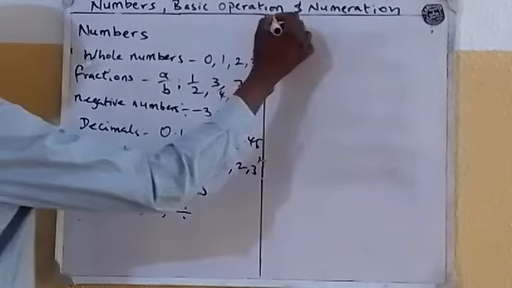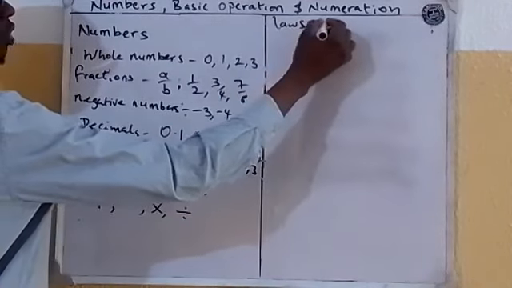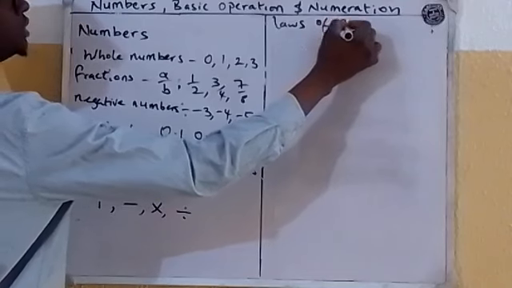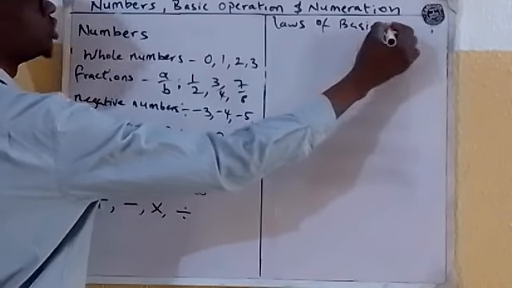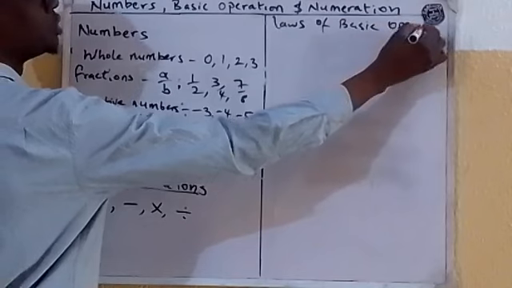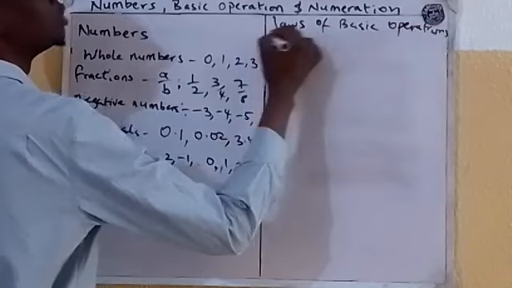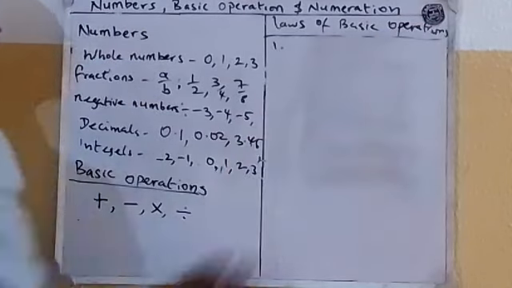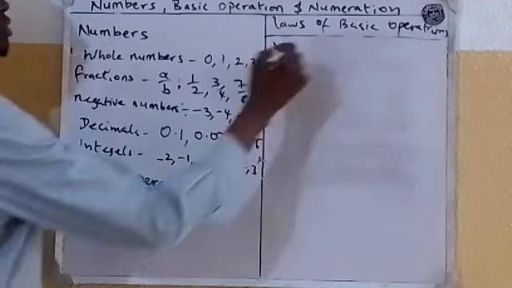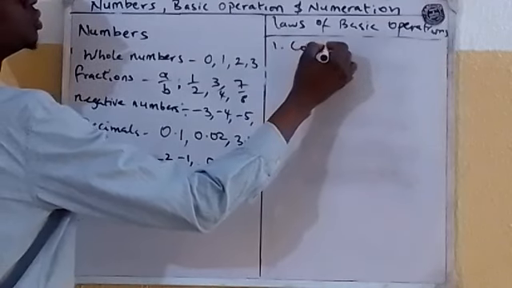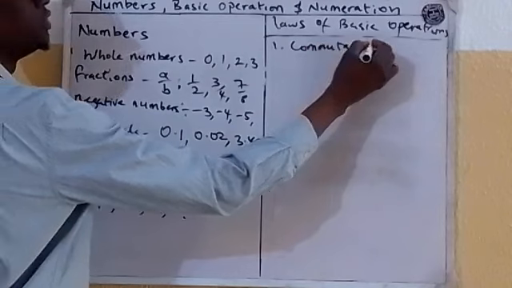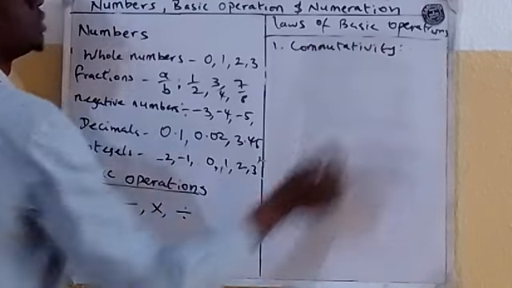So there are laws of mathematical operations. The first one is commutativity. What does that mean?